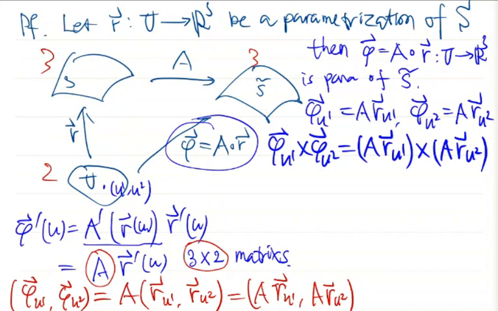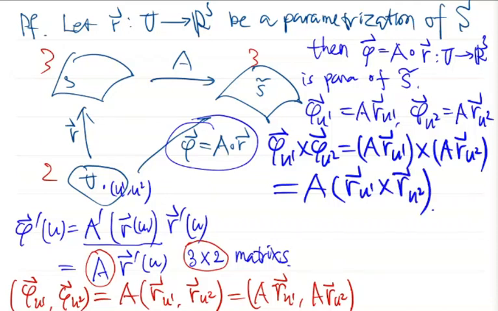Theta is the angle between R U1 and R U2. And because an orthogonal transformation does not change norm, and does not change the angle between two vectors, using this, you will see that this is precisely A times R U1 cross R U2.